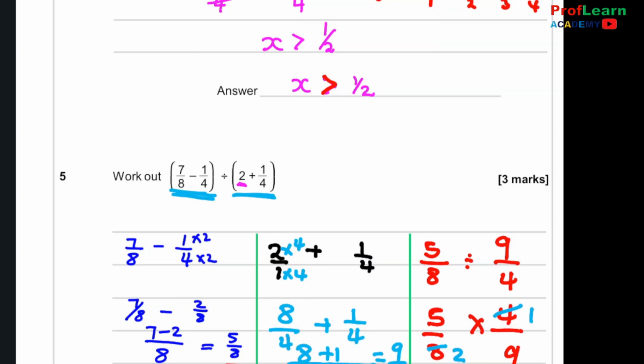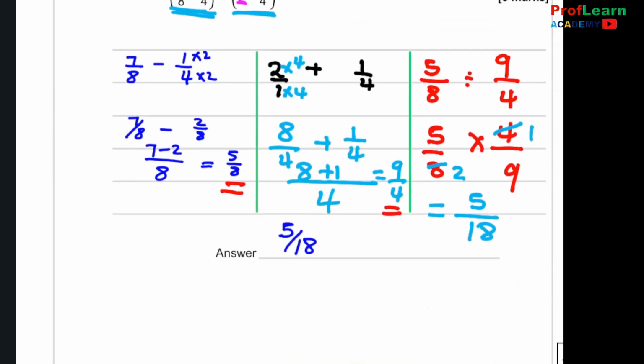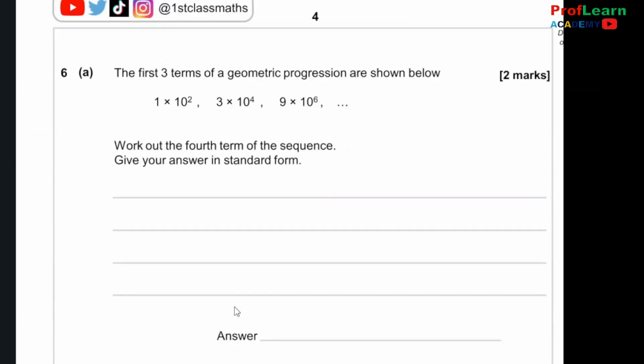The answer for this question is supposed to be 5 over 18. I believe it was understandable. You've followed through what you are supposed to do in order to get your marks there.